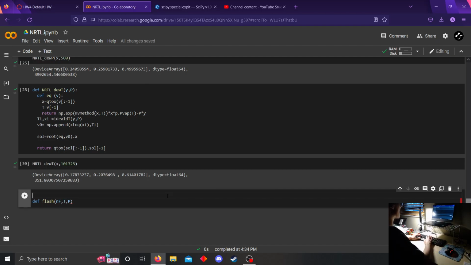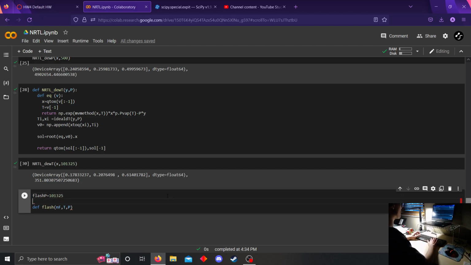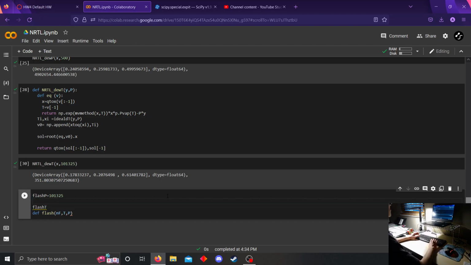So first, our flash pressure. That was just given, 101,325. We're also going to need a flash temperature, and that needs to be midway between the dew point and the bubble point. Fortunately, we already did the bubble point and the dew point.